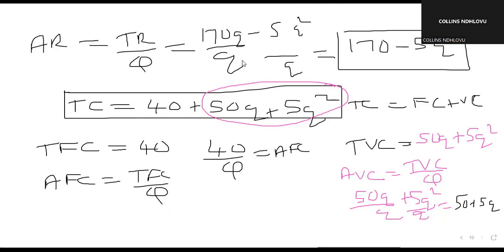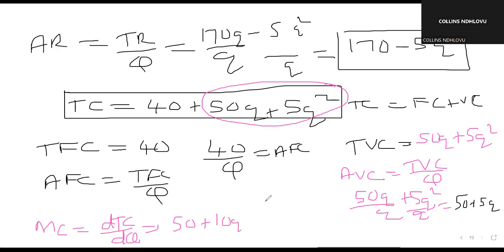And marginal cost, somebody, how to find the marginal cost? When you differentiate the what? Total cost over the quantity. So the total cost function, let's differentiate it. 40 plus 50Q plus 5Q squared, what do we have? The 40 drops out because the derivative of a constant is 0. Then we're going to have what? 50 plus 10Q.